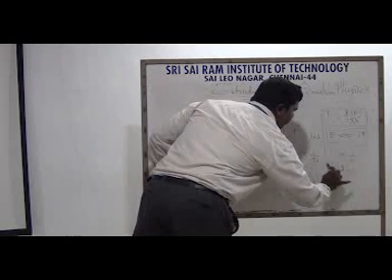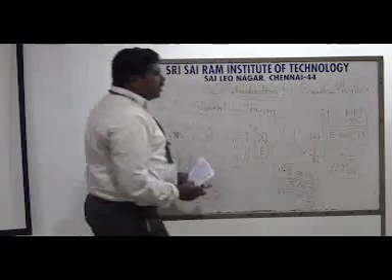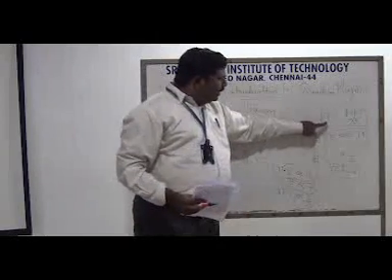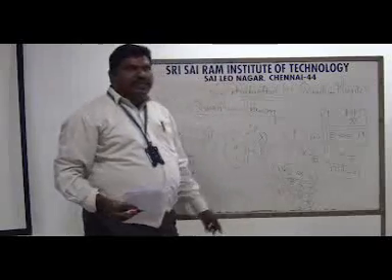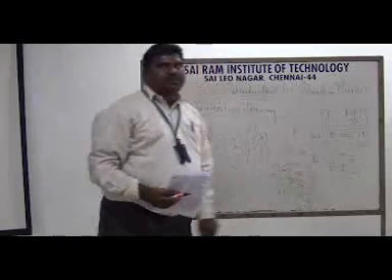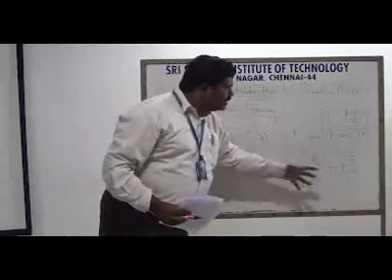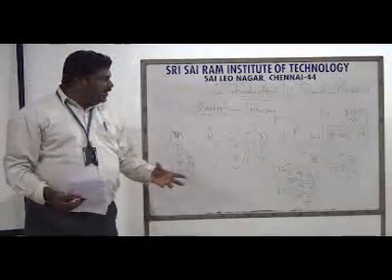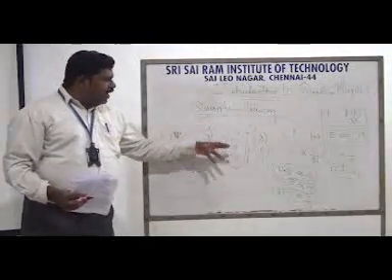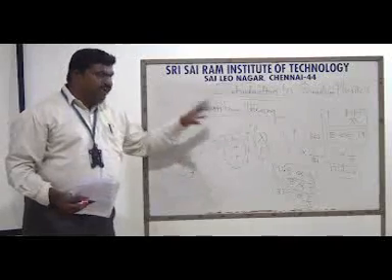That constant is known as the b constant. This law is the Rayleigh-Jeans law, this law is the Stefan-Boltzmann law, and this law is known as Wien's displacement law. These three laws explain the radiation, temperature, and wavelength.